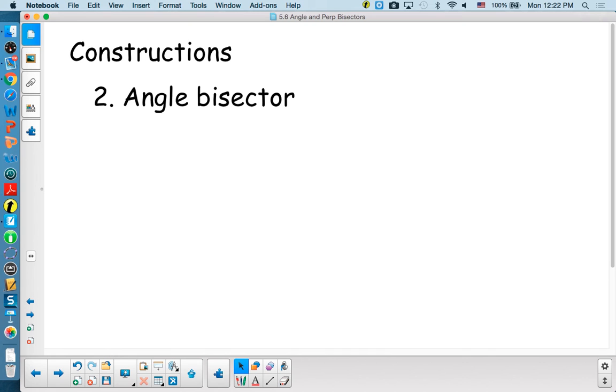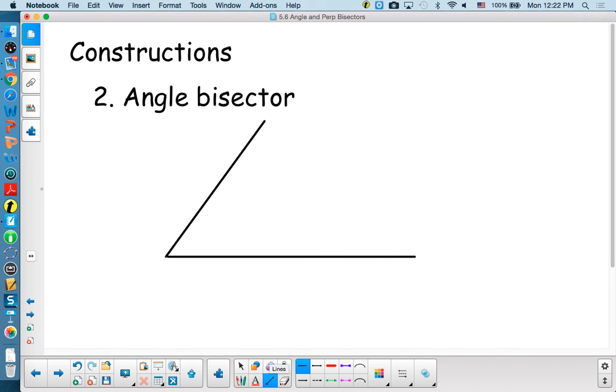Next construction is an angle bisector. So you need an angle. And you're going to bisect it again. This should be review. From the vertex of the angle, make an arc that crosses both sides of the angle.